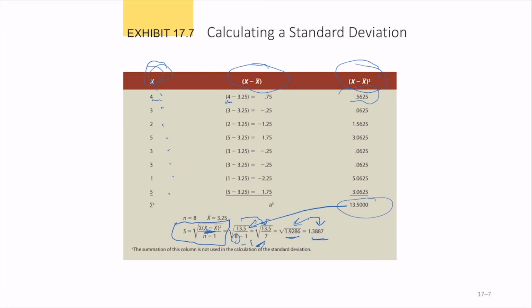It's not difficult in as much as it requires you to follow a step-by-step process. At the end, we see a standard deviation of 1.3887 from the mean in each increment.